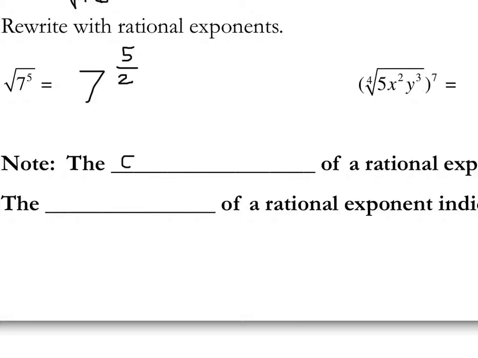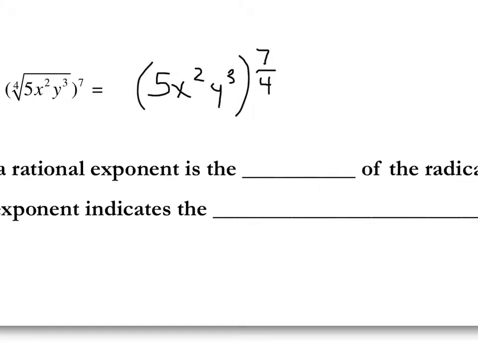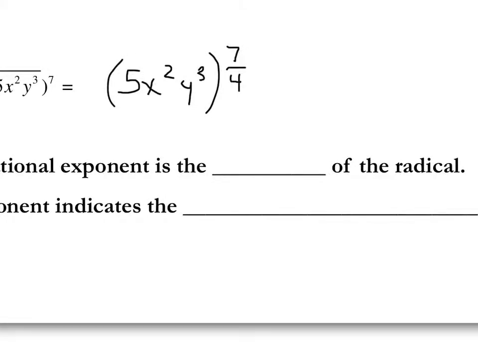The denominator of a rational exponent is the index of the radical. And the index is this little number right here. It's telling you what kind of root it is. Is it a square root, a cubed root?